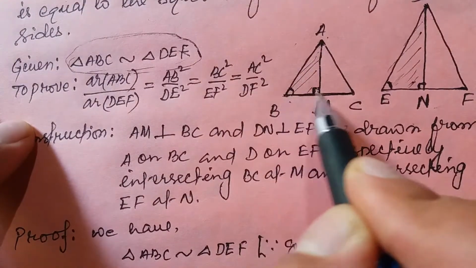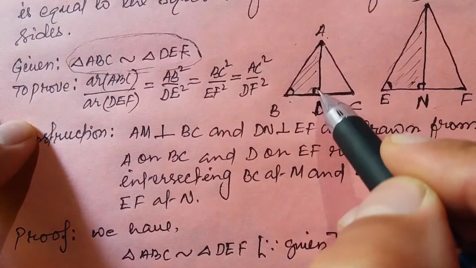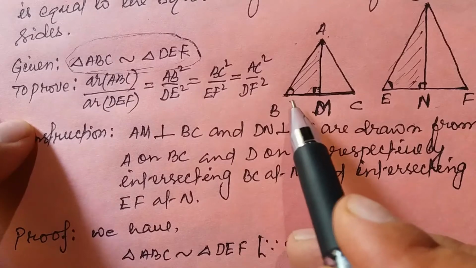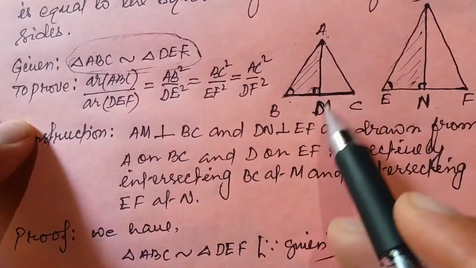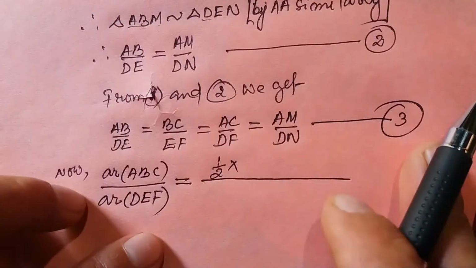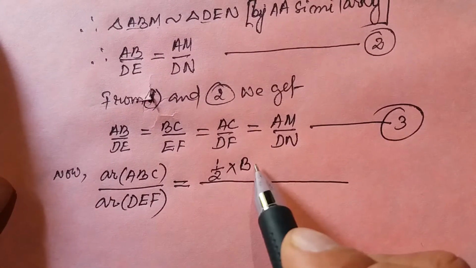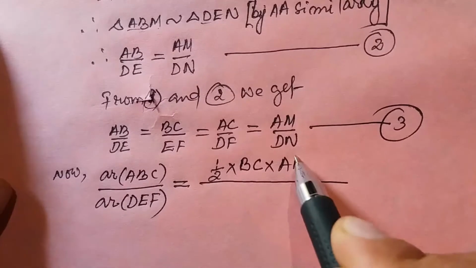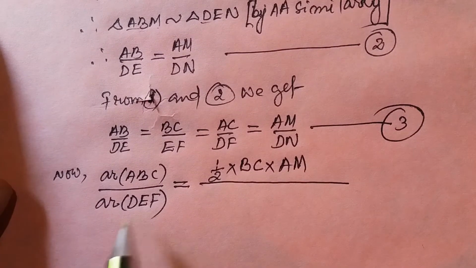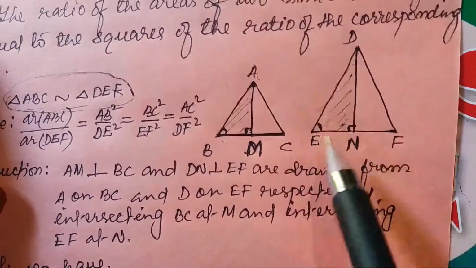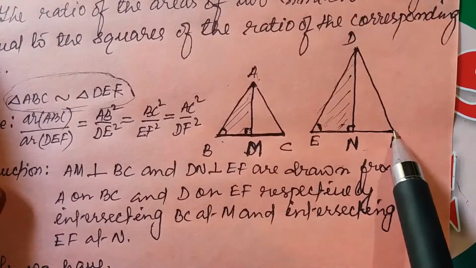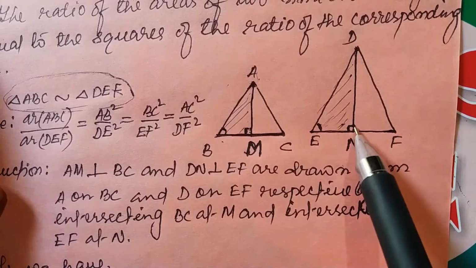If base is BC, then height is the perpendicular AM. So it's going to be half into BC into AM. Again, similarly, area of triangle DEF is half into base EF into height DN, perpendicular here.